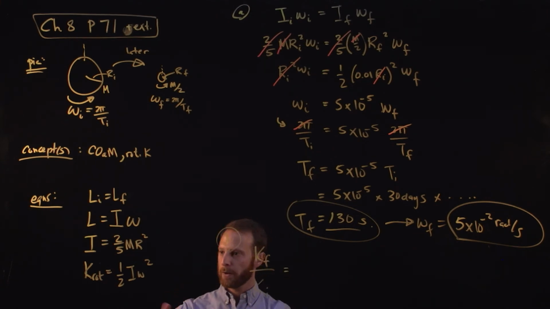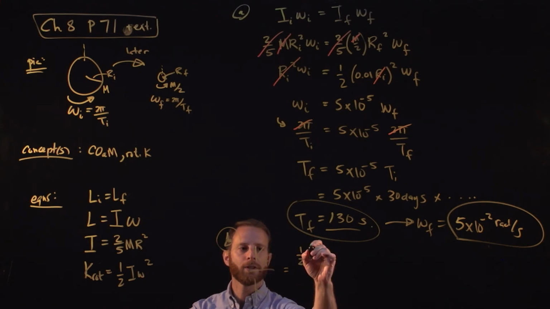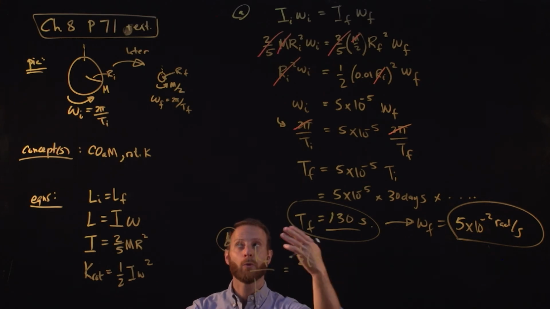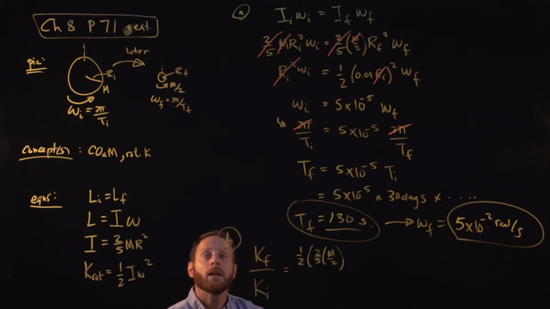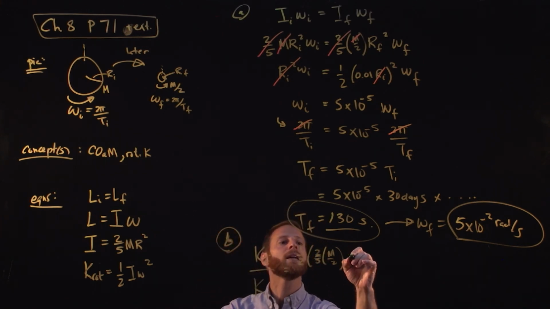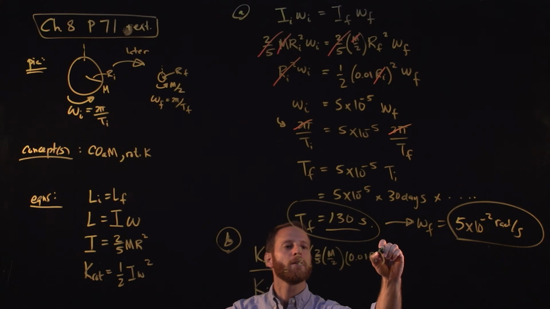So let's think very carefully. We've got a formula, 1/2 moment of inertia, 2/5 times the mass. Again, it's the original mass over 2 times the radius squared, but that radius is given by 0.01 times the initial radius, and we have to square that.